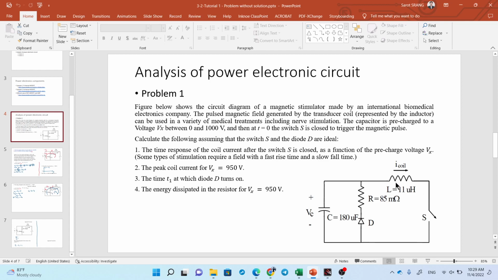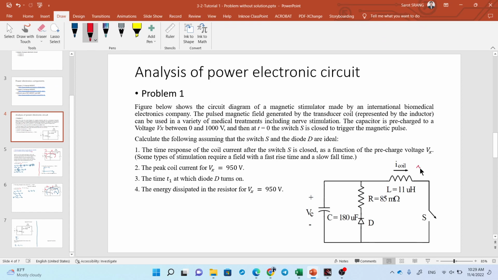Coil current means this one. The time response of the coil current after the switch is closed as a function of the pre-charge voltage VH. So you find I as a function of VH, and also time. Time response means it's a function of time.